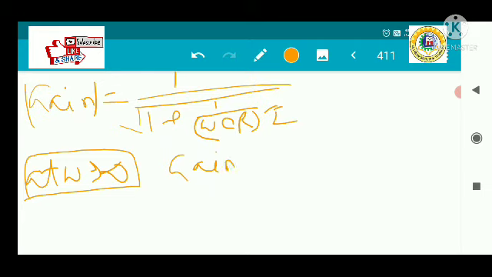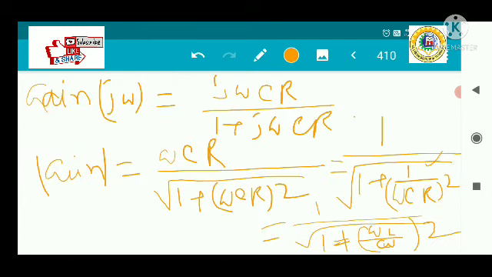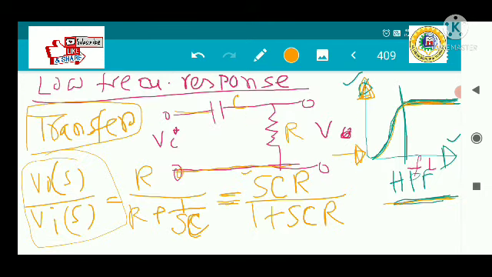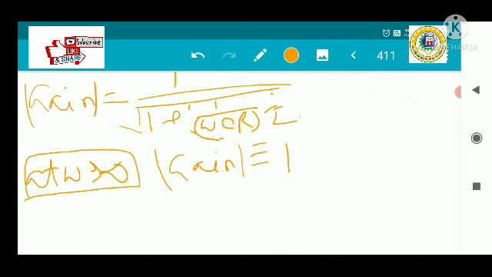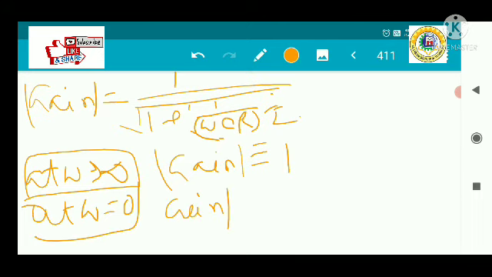At omega tends to infinite, this term will be 0, so gain will be nothing but 1. So you can see that the gain is nothing but 1, maximum gain. At omega equal to 0, your gain is 1 divided by infinite, so gain will be 0. Okay, so this is the characteristic of the high pass filter.